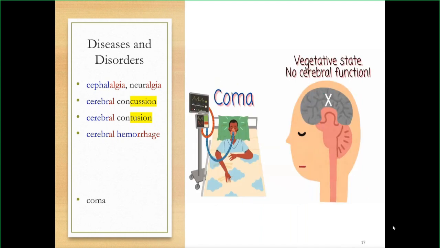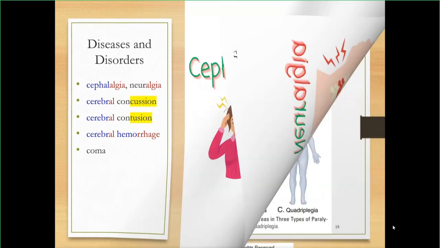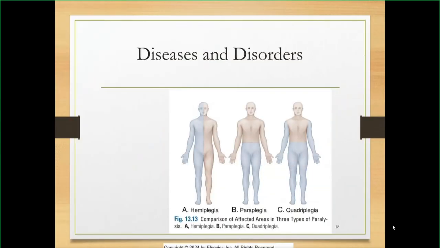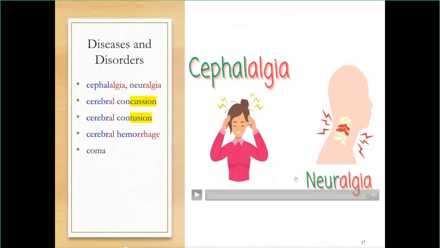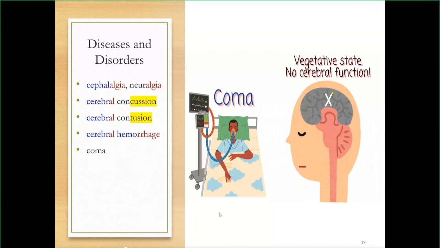Coma is a state of unconsciousness from which the patient cannot be aroused, even by powerful stimulation, which is different from a persistent vegetative state where there is no longer cerebral function.